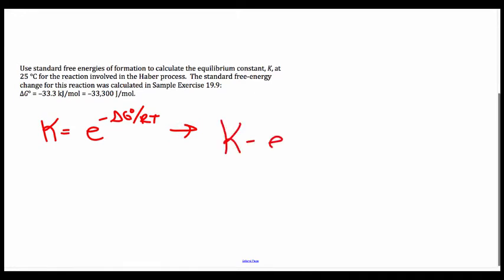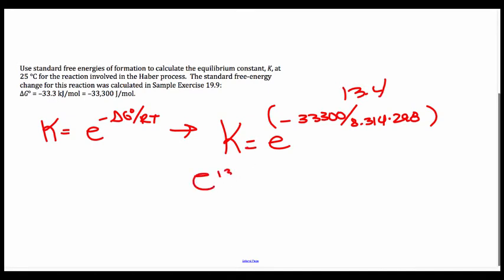K is e to the negative negative 33,300 divided by 8.314 times 298. And this whole business right here is 13.4. So I have e to the 13.4, which is 7 times 10 to the 5th, my equilibrium constant.